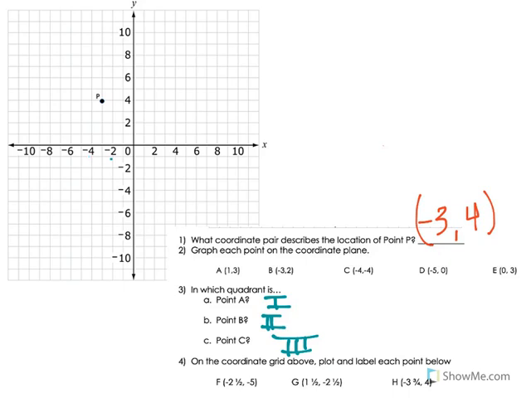So I need to be careful that I'm not going to where 3 would be, which is right here. I need to only go halfway in between this blue line and -2. So -2 1/2 and then -5. It's going to be about here. Okay, so that's F.